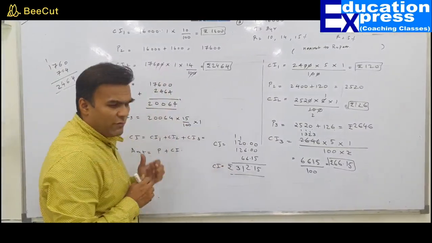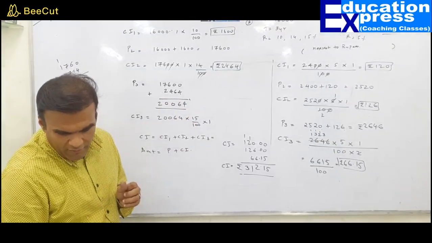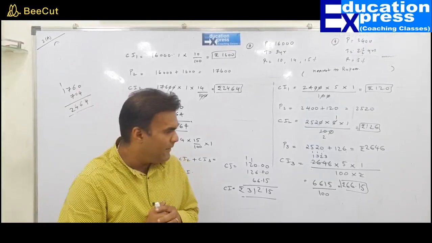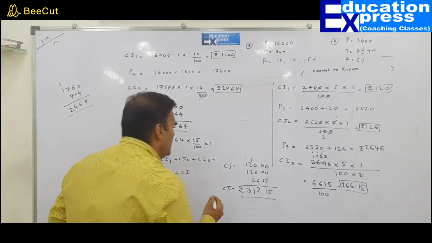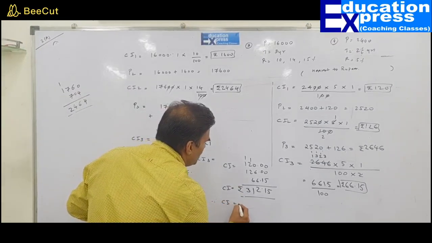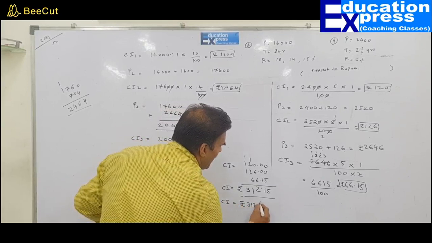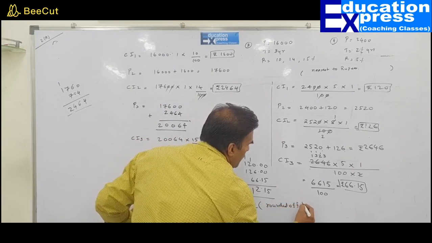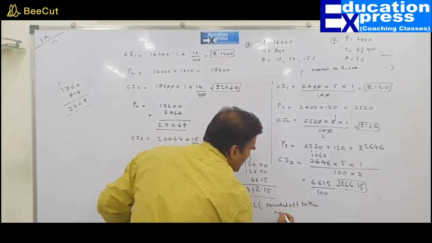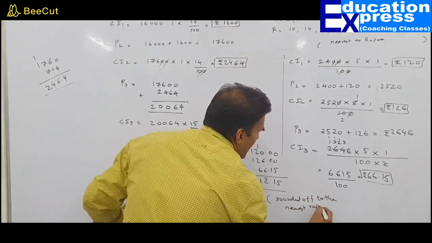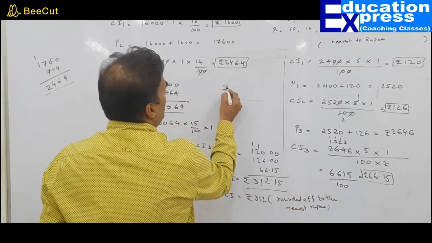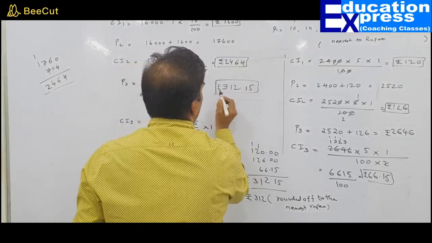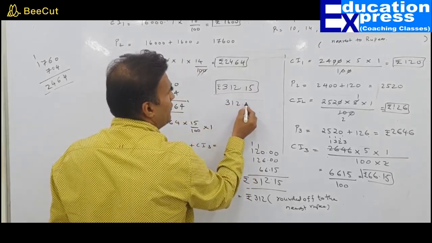What is asked in the question? They have asked to find the compound interest correct to the nearest rupee. I have to write this answer to the nearest rupee. Therefore, compound interest would be rupees 312, rounded off to the nearest rupee. My dear friend, 312.15, if I round it off to the nearest rupee, it would be 312.